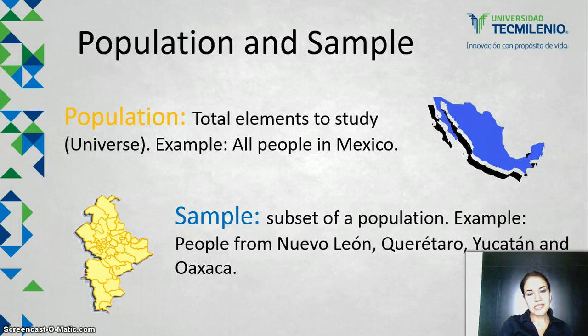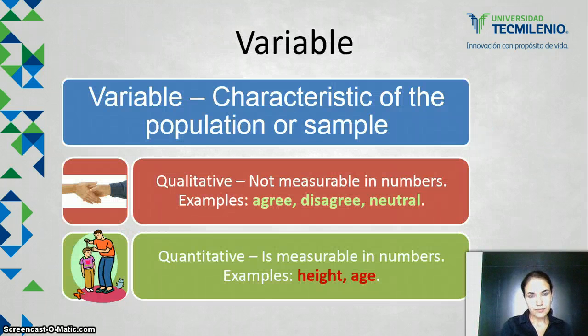Okay, so in this case of all the people in Mexico population, we can have a sample of people from Nuevo León, Querétaro, Yucatán, and Oaxaca, and we can take a good representation of the population in Mexico.